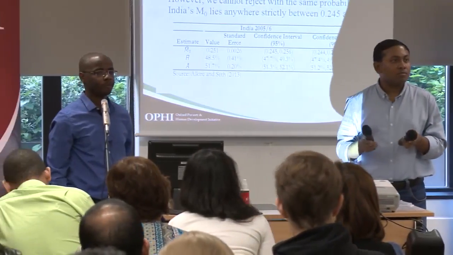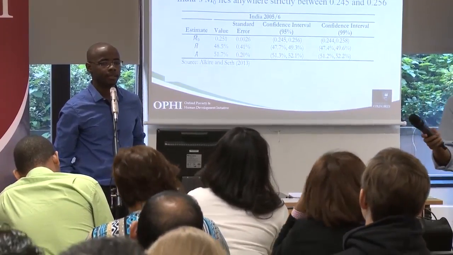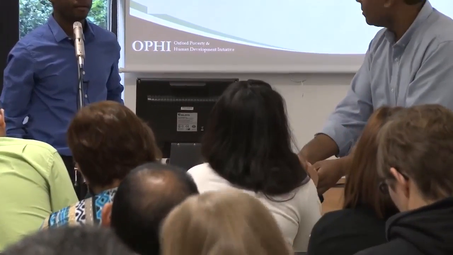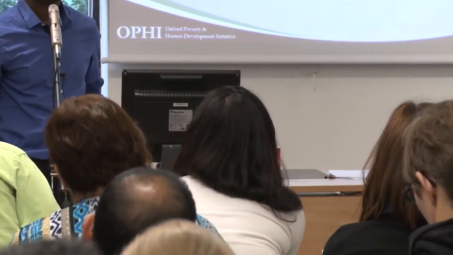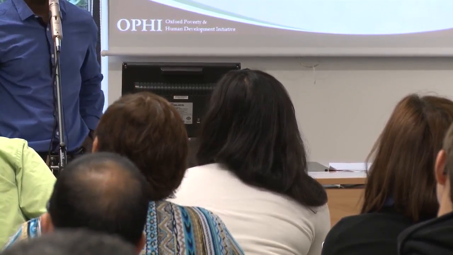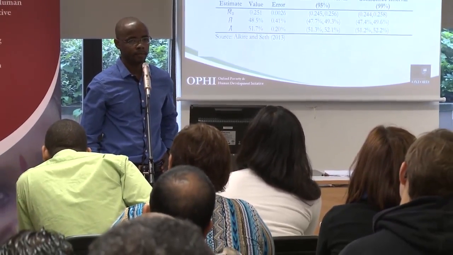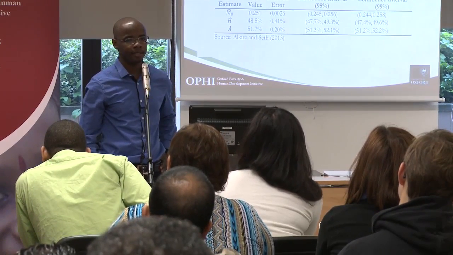Okay. Any other questions? Yes, please. I'm just trying to understand the intuition of the standard error. After doing the bootstrapping, my standard error is going to be lower than the initial one, right? When I have an indicator and I don't do bootstrapping, I have a standard error. The analytical one you mean? Yeah, exactly.